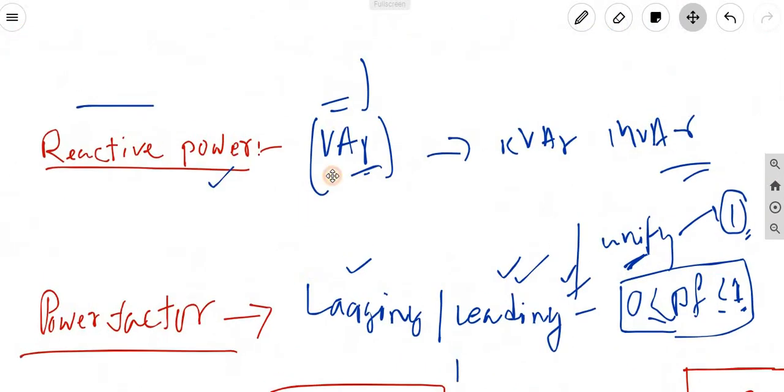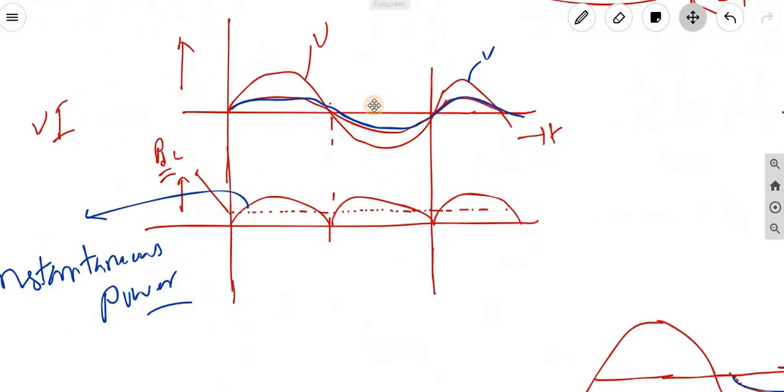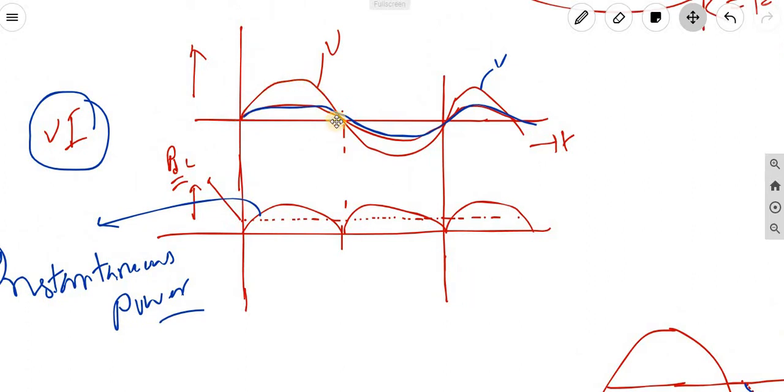Power means V into I. What would be the instantaneous power? If you multiply V and I instantaneously, for this portion of the cycle current and voltage are both positive, and where both are negative, you again get positive.